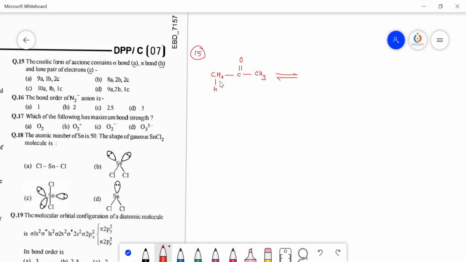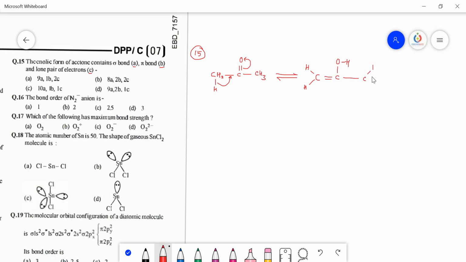Here also we can write this CH3, but in tautomerism we need to shift one of these hydrogens. These electrons will be shifted between the carbon and this carbon, and these pi bond electrons will be shifted over to the oxygen, and this hydrogen will be shifted over to the oxygen atom. Finally we get the carbon double bond, here oxygen and hydrogen, and here two hydrogen atoms are there. I'll write those hydrogen atoms separately like this, and here three hydrogen atoms are there.